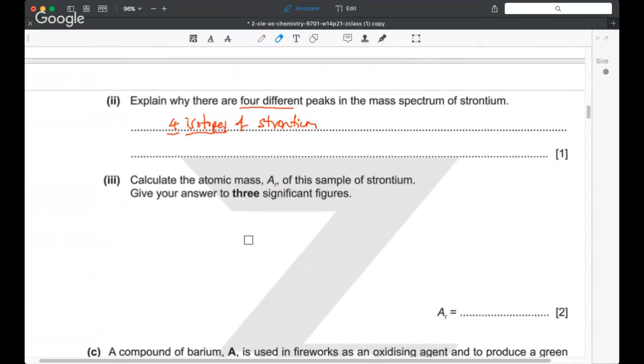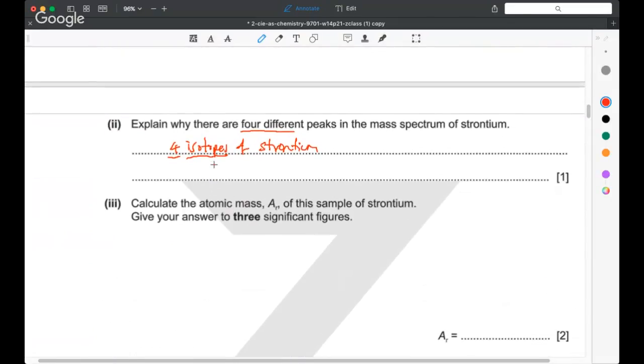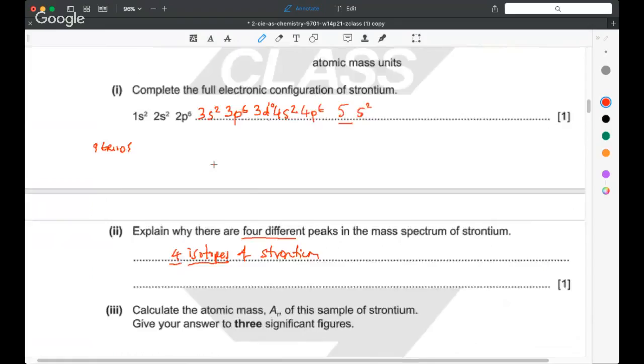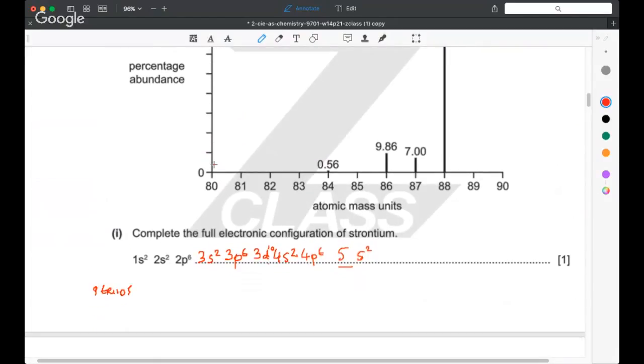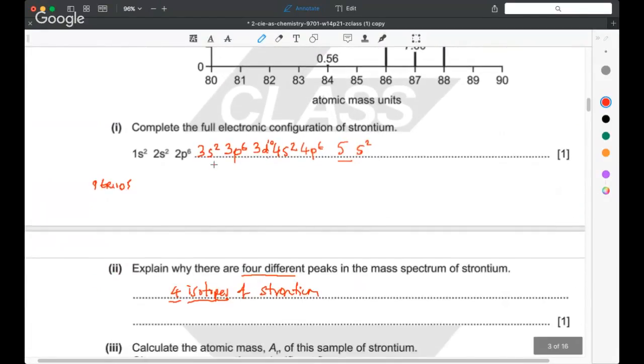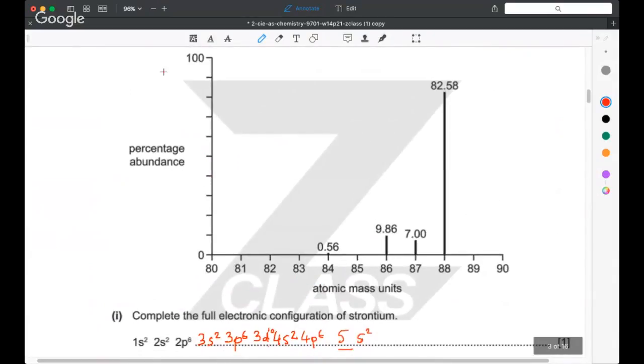And then afterwards, there's a fairly straightforward, familiar calculation where you've got to work out the relative atomic mass from each of these relative isotopic masses. Okay, so it's much easier if I do it here where you can see.